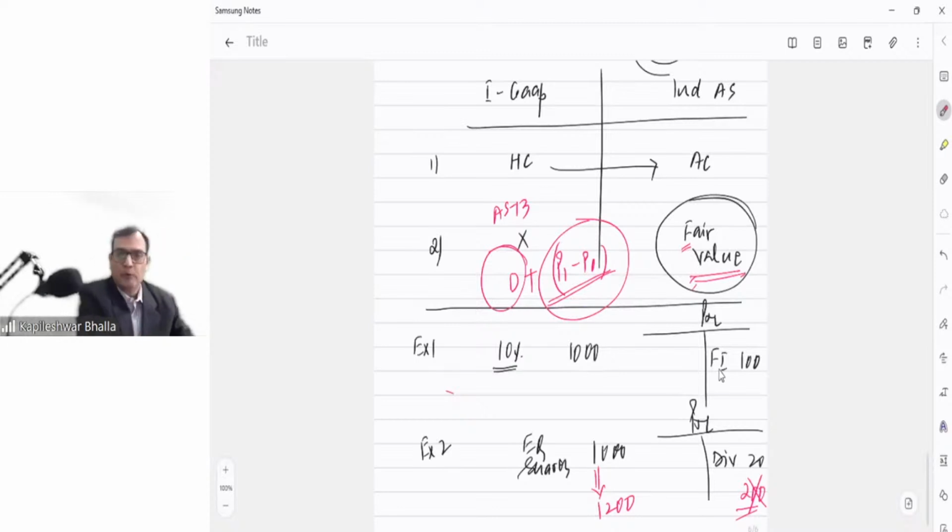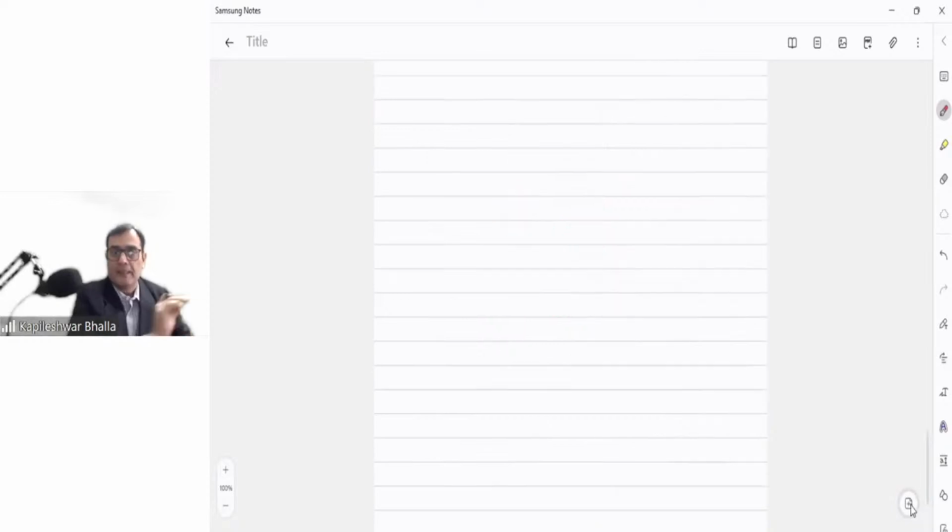Now, moving further. As the standard setters introduced the concept of a fair value approach, something more and very interesting also came to their mind, and they created variations of fair value changes.